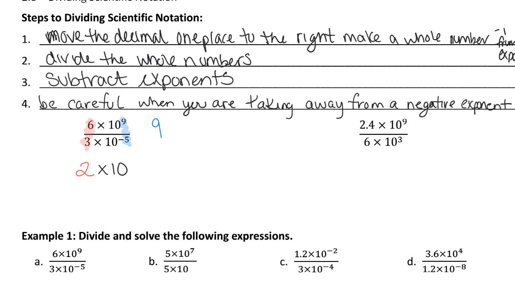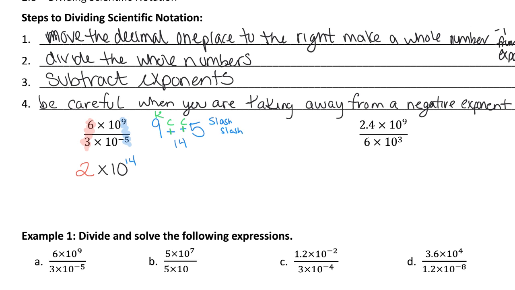So what we do is 9 minus negative 5. So remember, anytime I see subtraction, I do keep, change, which makes this positive, which makes this positive. So this is really 9 plus 5, which is then 14. Okay, so remember, keep, change, or sometimes you might hear it as slash.